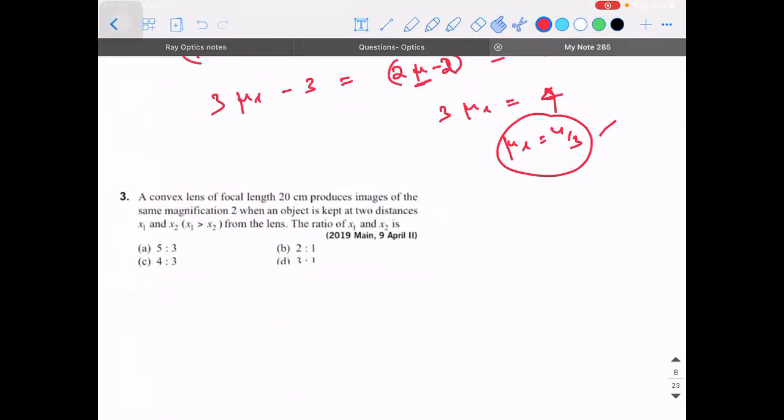So there is a convex lens of focal length 20 centimeter, which produces images of the same magnification 2 when the object is kept at two distances x1 and x2 from the lens. The ratio of x1 by x2 is how much? So how to solve?